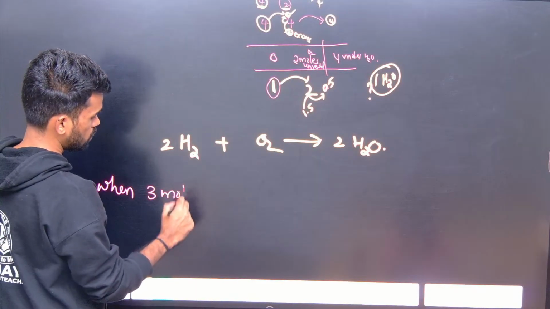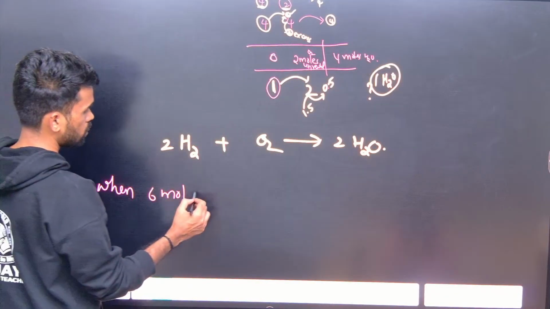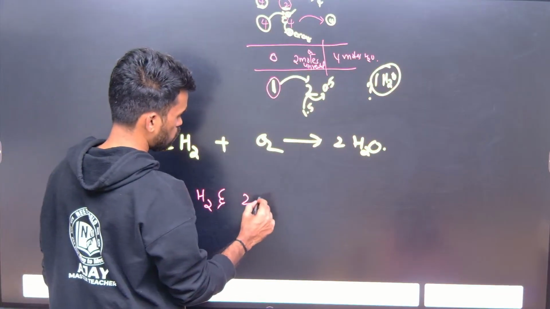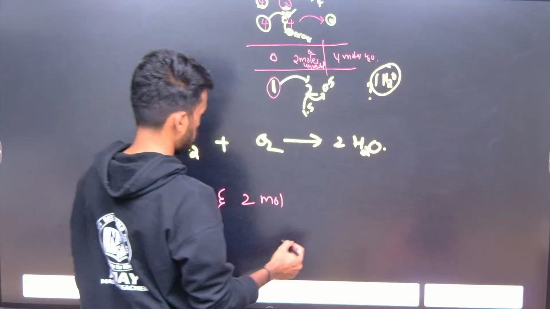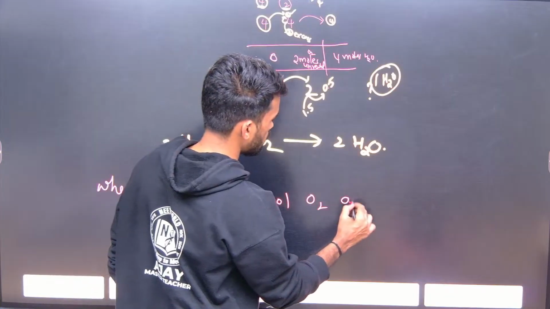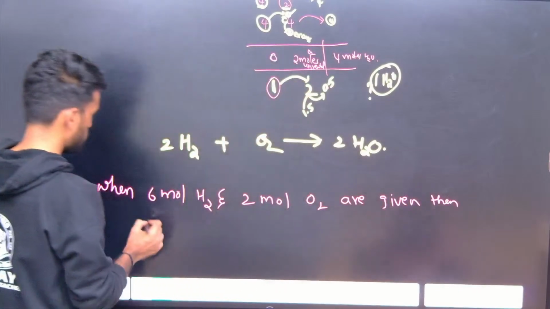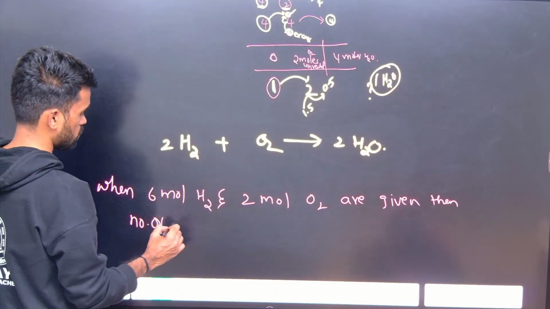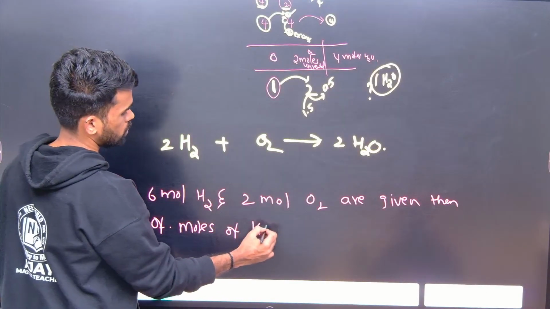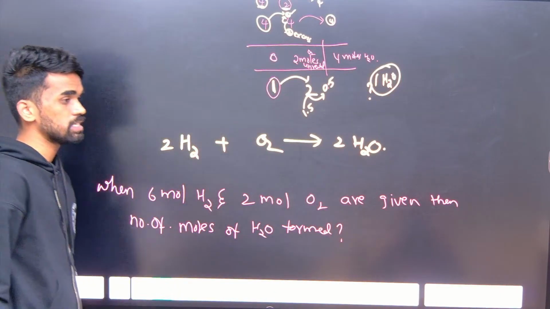Let us make the numbers easy: when 6 moles of H2 and 2 moles of O2 are given, then the number of moles of water formed, tell me, how can you answer this?